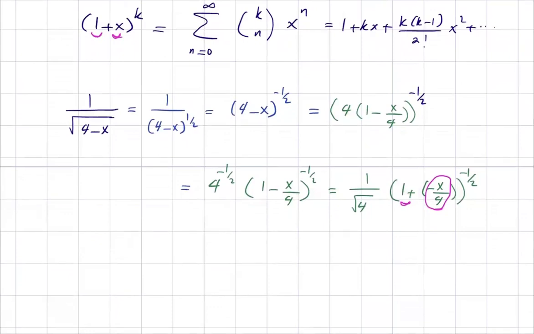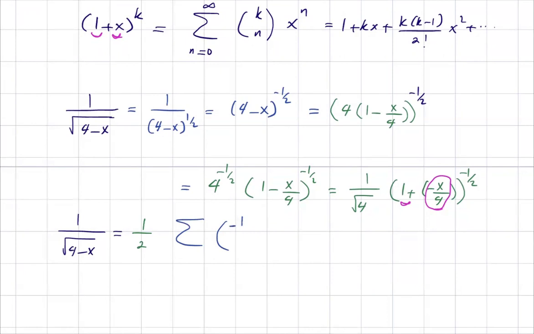So this function, 1 divided by square root of 4 minus x, so far is a half. Let me use a different color. Is a half. And then here, for this guy, is equal to the summation of, right? You get the summation of, what is your k? K in this case, as we saw, is negative a half, right?